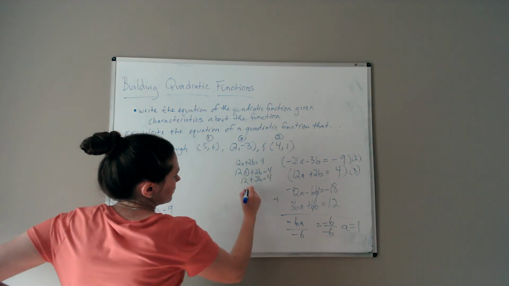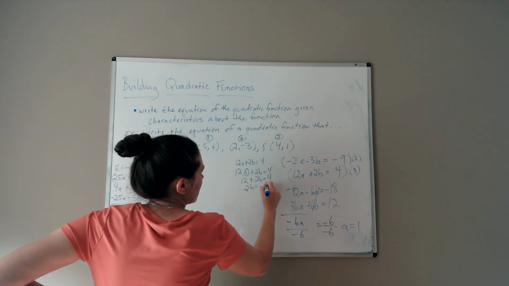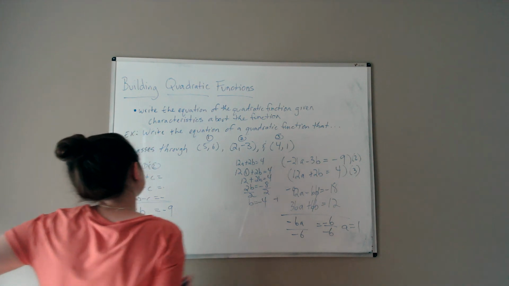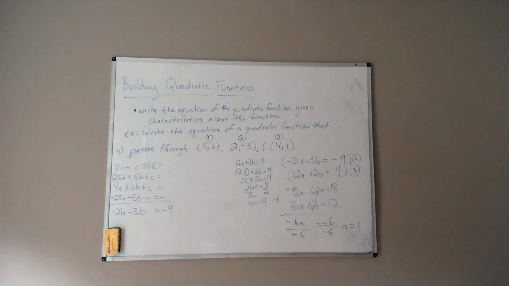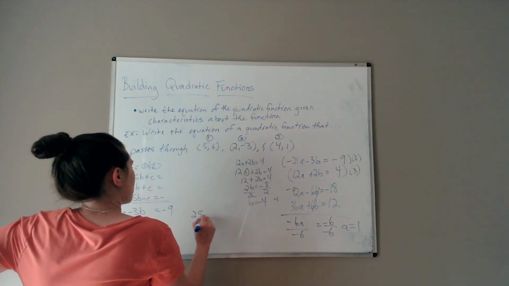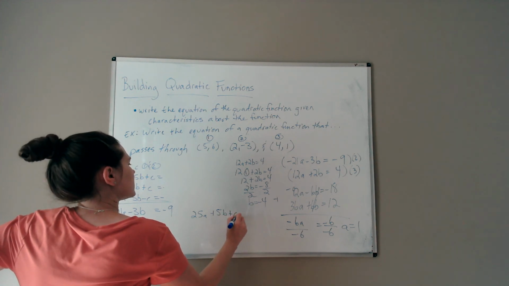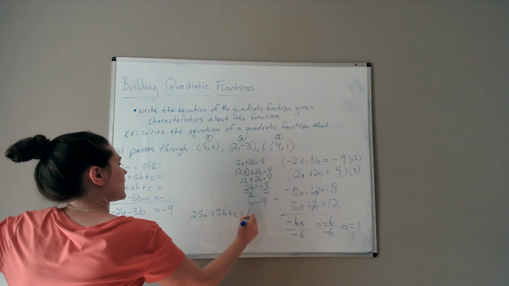Take away 12 on both sides, so 2b equals negative 8. Divide by 2 and you get b equals negative 4. And then you pick one of the 3 original equations. So I'll pick 25a plus 5b plus c equals 6.